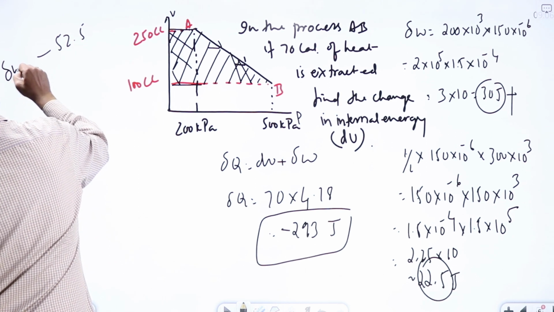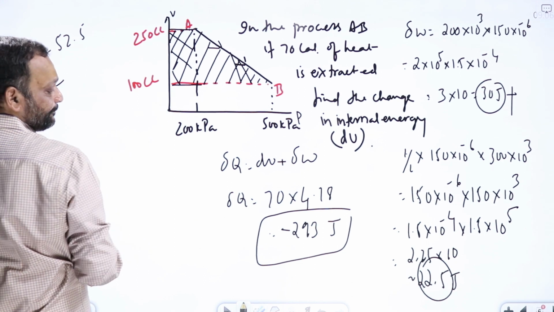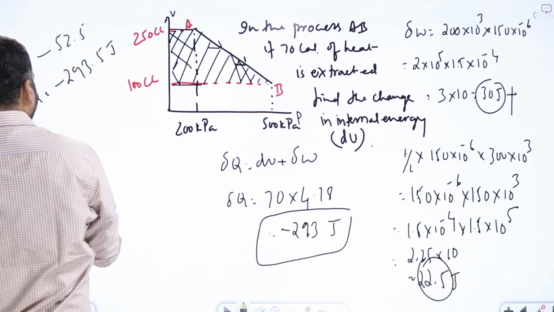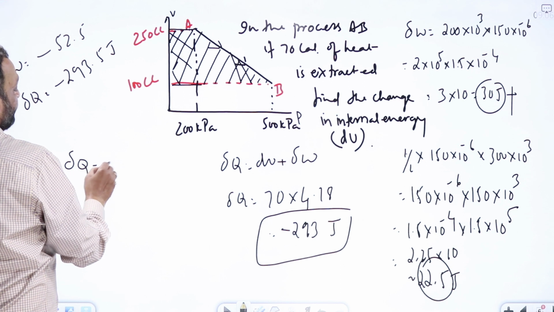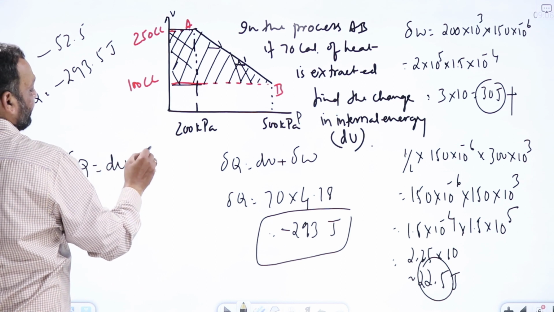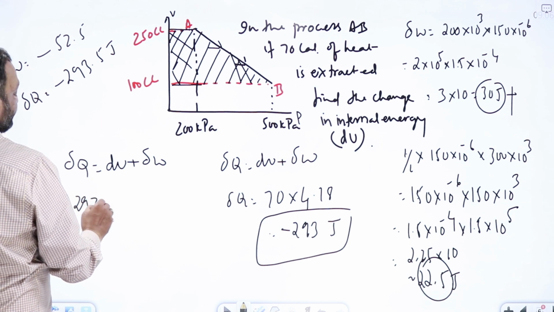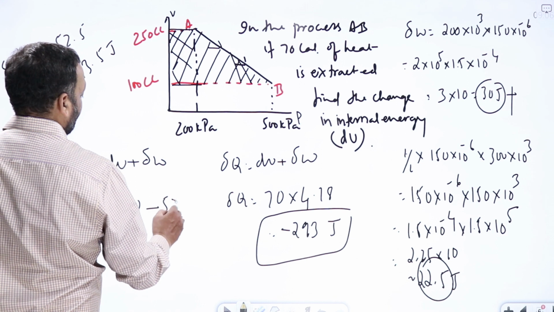Delta W is minus 52.5 joules. Delta Q is also negative, minus 293.5 joules. Therefore, what does the first law of thermodynamics say? Delta Q equal to dU plus delta W, that is minus 293 is equal to dU minus 52.5.